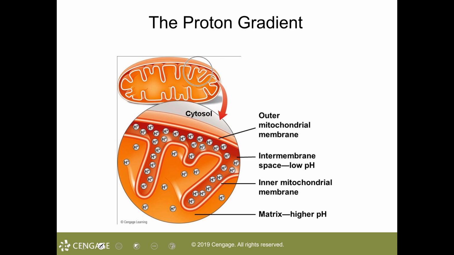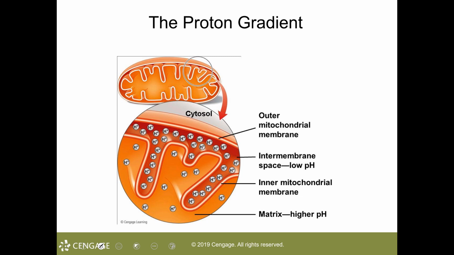So as I mentioned, as those electrons move down the electron transport chain, if you want to look with me, you can find me on page 178, also looking toward page 179 with figure 8.11. Let's begin.